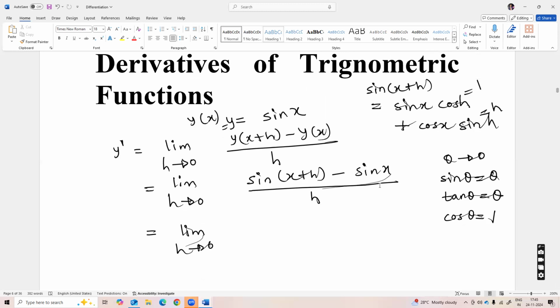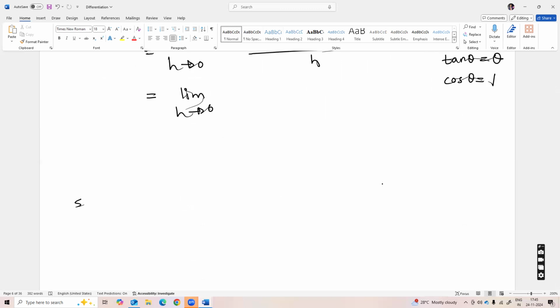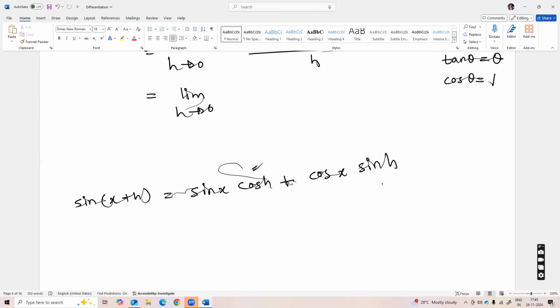sin x plus h is sin x cos h plus cos x sin h. As we have seen, when h tends to 0, cos h equal to 1 and sin h is equal to h.